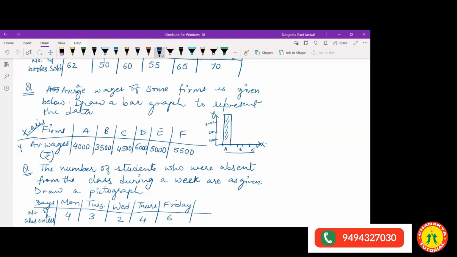Yes, Rishit, show me your work. Ma'am, 1 second, I'm doing the second one. Yes, ma'am. Show me your bar graph.